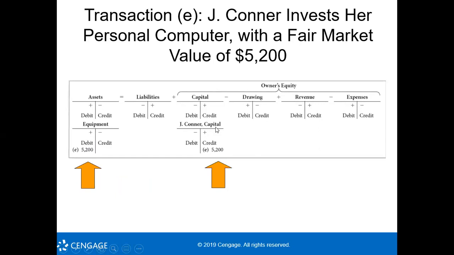And then owner's capital, that's part of equity, that increases with a credit. So this journal entry would be debit equipment, credit owner's capital. And that's kind of the standard form of a journal entry. In the standard form of a journal entry, we always list the debits first, then the credits.